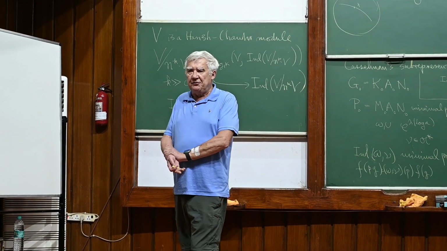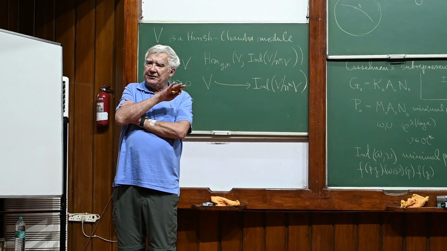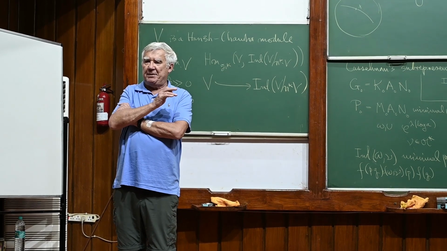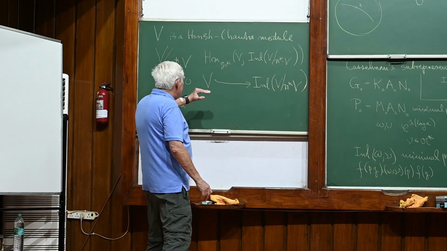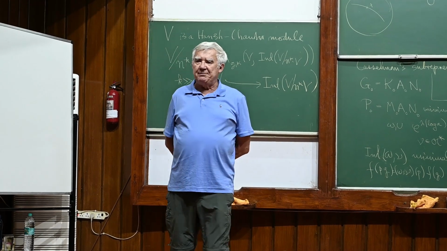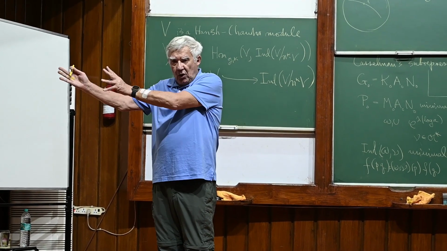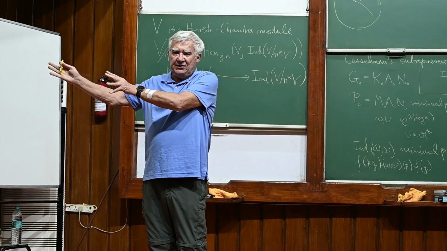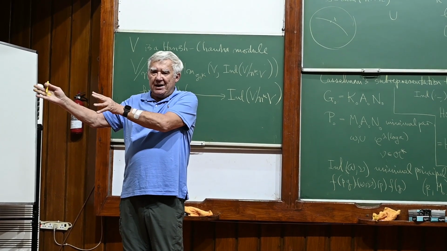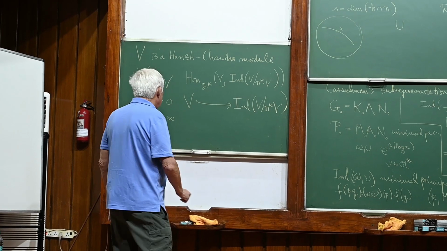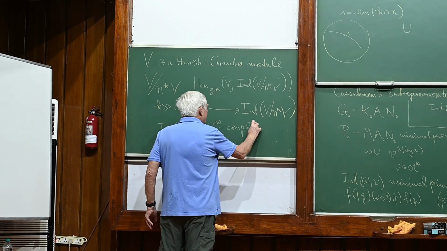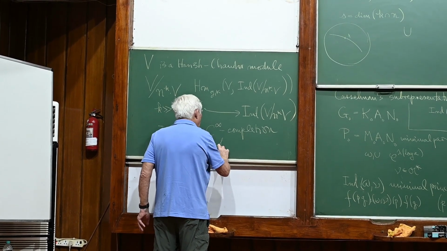This space of smooth functions has a natural locally convex topology by convergence of functions and their derivatives, and this is a Frechet space, and V embeds into this Frechet space induced representation. You can look at a closure of V in this space, and this will be a Frechet space invariant under the group action, so this will be a C infinity completion of V.